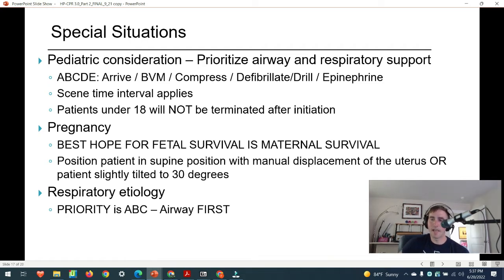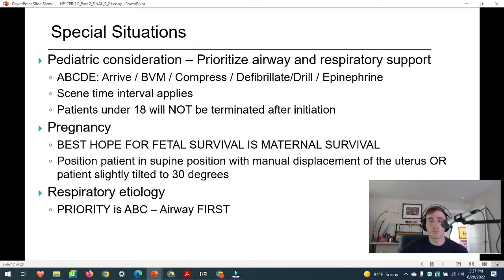So you have to manually displace this to the left. If that's hard or not possible, you can slightly tilt them 30 degrees, but again, that's going to be hard to do good CPR unless you have a mechanical CPR device on the patient.